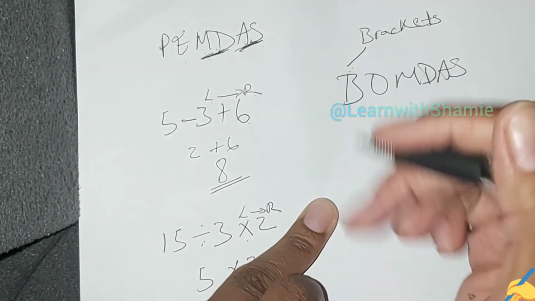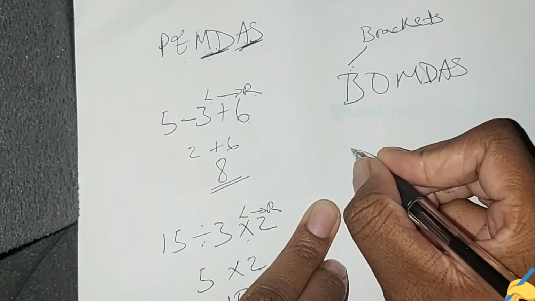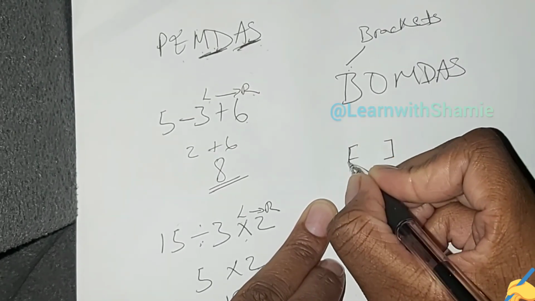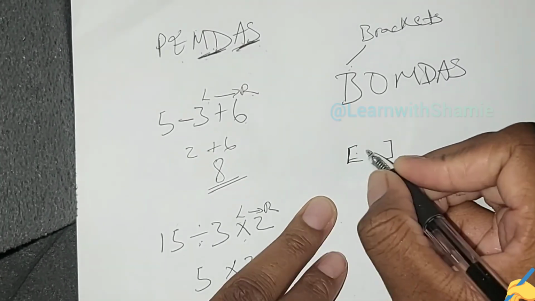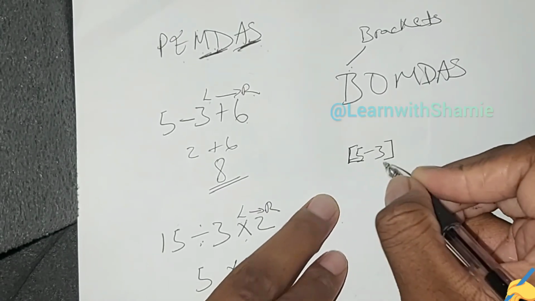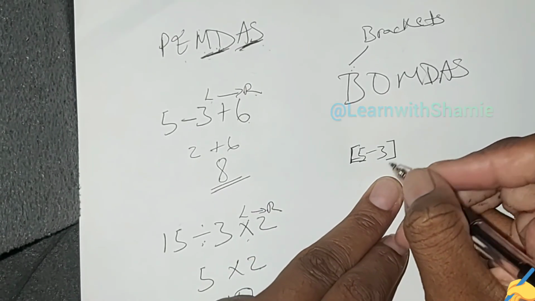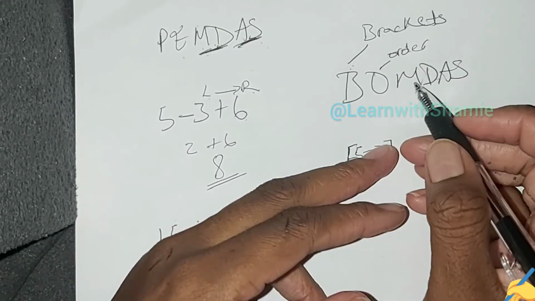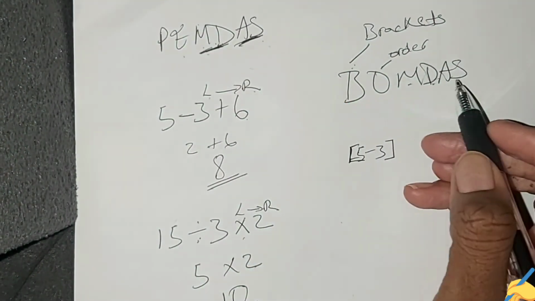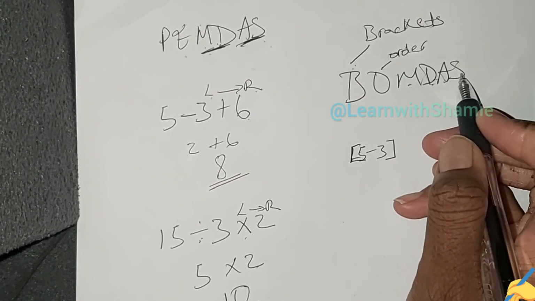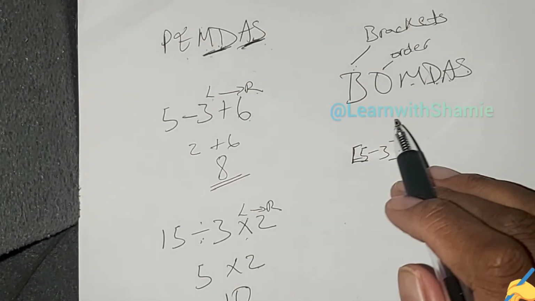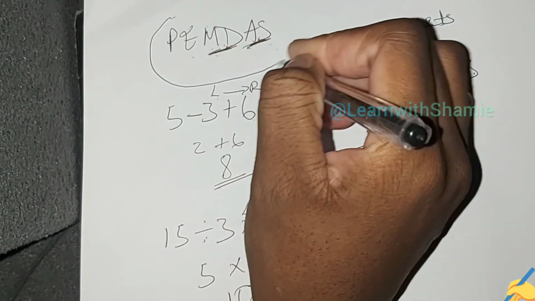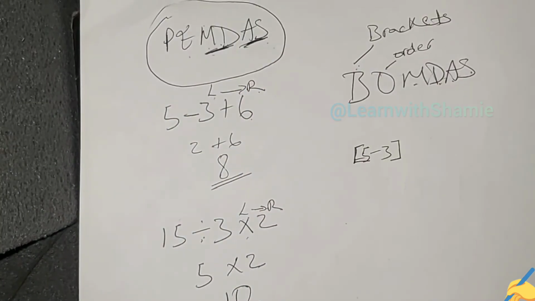So instead of parentheses, they would use brackets, which hold the operation. The O would stand for order. The M multiplication, D division, A addition, S subtraction. So it's basically the same thing, but I prefer to use this acronym, PEMDAS.